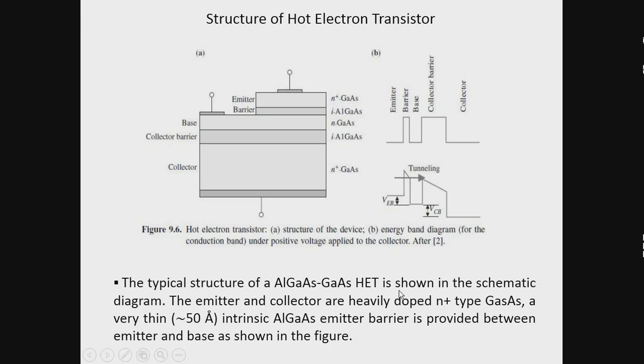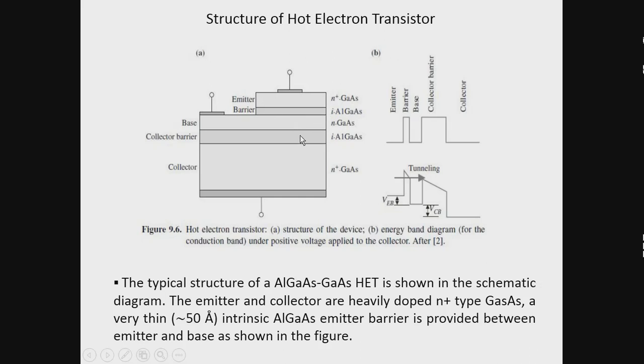The emitter and collector are heavily doped N-type gallium arsenide, and a very thin intrinsic gallium arsenide emitter barrier is provided between emitter and base. This is the base, which is a lightly doped N-type gallium arsenide, and this is the emitter, which is a heavily doped N-type gallium arsenide. Between the emitter and base, an aluminum gallium arsenide spacer layer is formed.